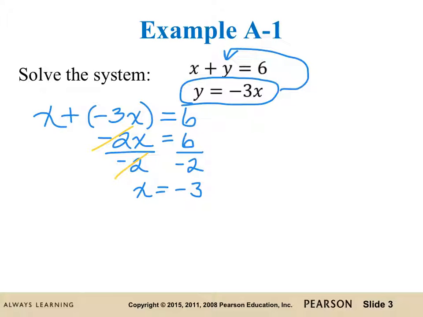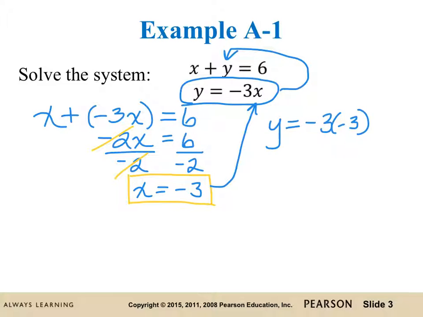So at this point, we have found the value of the variable x. And we can use this to substitute into the other equation to figure out what y is. Therefore, y is equal to negative 3 times the value of x, which is negative 3. And that tells us then that y is equal to positive 9.